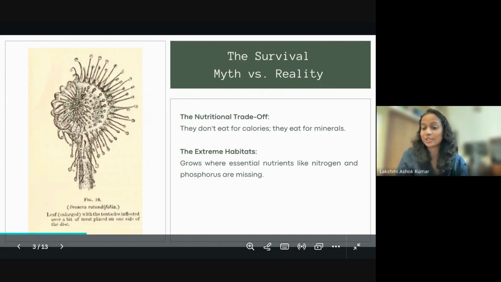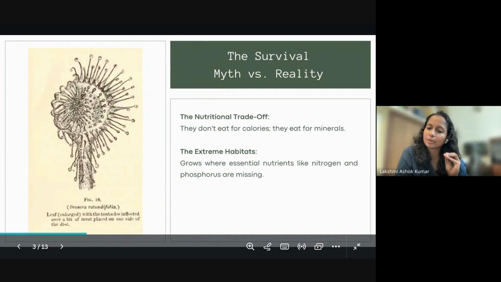And why they do so is another question. Why are these plants catching insects? Generally what we say is that they are mostly found in regions where there are no minerals or no nutrients in the soil where they are growing.